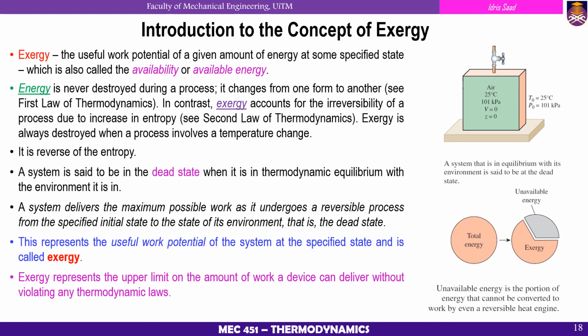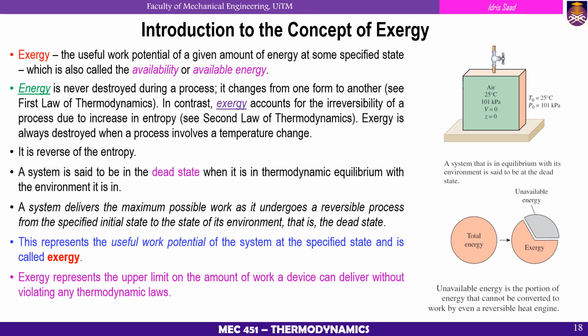In this slide, I will talk about the concept of exergy, which is the last part of the chapter. Technically, exergy is defined as the useful work potential of a given amount of energy at some specified state, which is also called the availability or available energy.